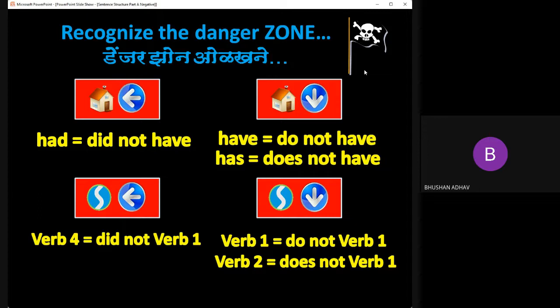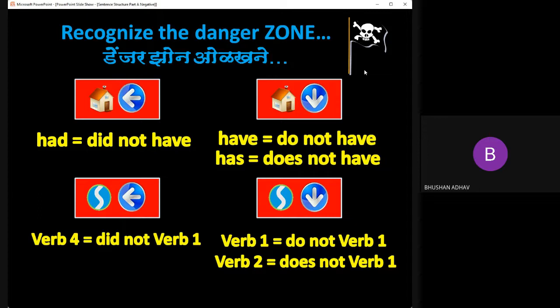When you have to consider danger zone, if there is no verb after had, just focus on micro level. What word is over there after had? If it is a normal word, meaning it is not a verb, then you have to replace that had with did not have.